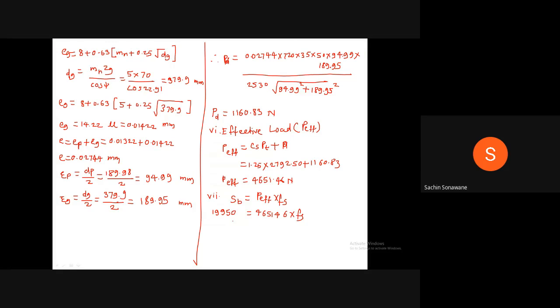Calculate the factor of safety for bending. How much? It should be 5 point something or 4 point something. How much? 4.29.